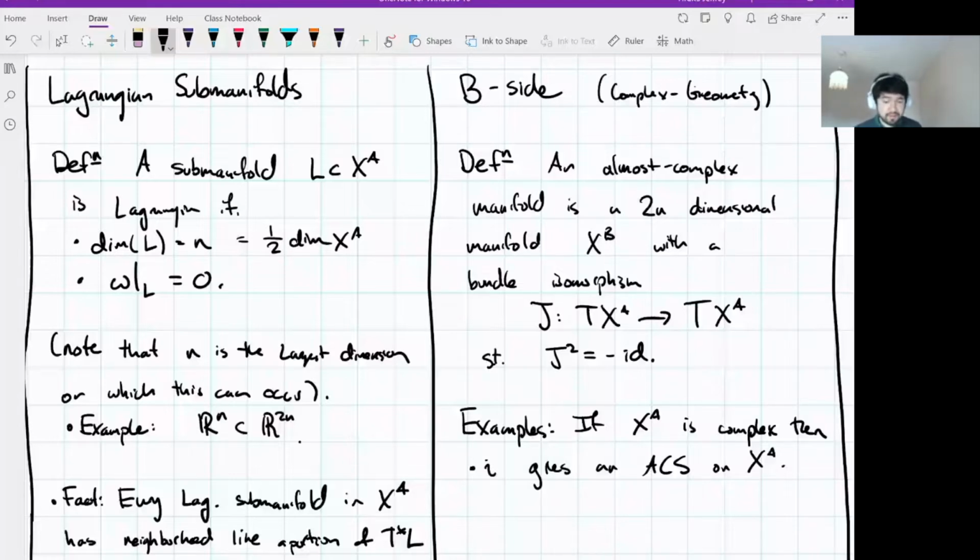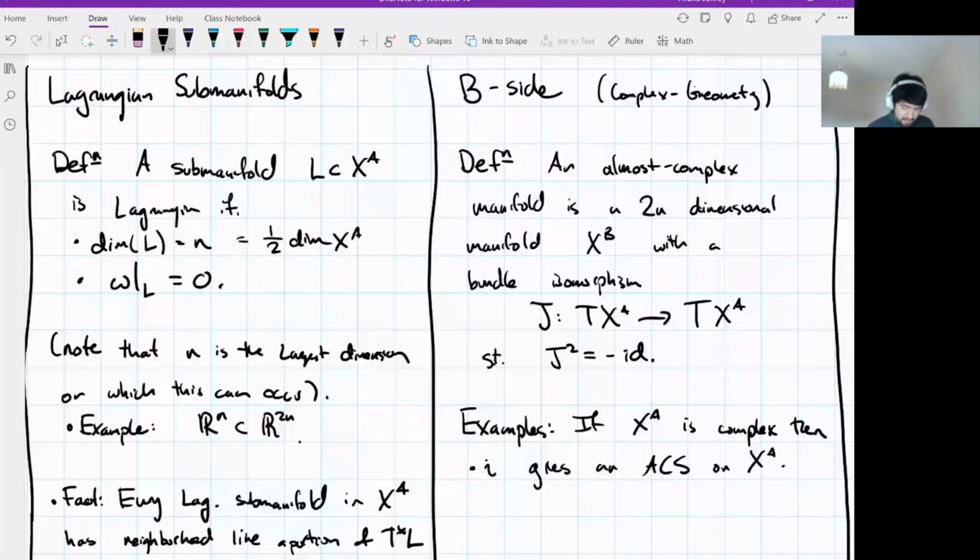The reverse statement is not true. There are examples of almost complex manifolds which are known not to be complex manifolds. So why am I going to phrase what a complex manifold is in terms of this structure? Well, it makes it easy for me to describe some of the differential geometry.